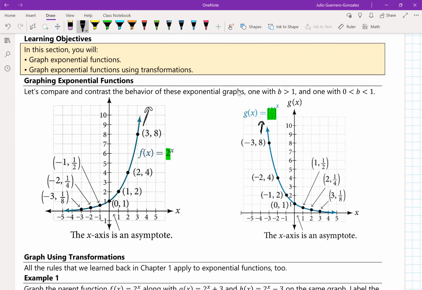Or equivalently, if the 2 to the x is increasing in that direction, the g of x equals 1/2 to the x is decreasing in that direction. And we'll learn why that is in a little bit.